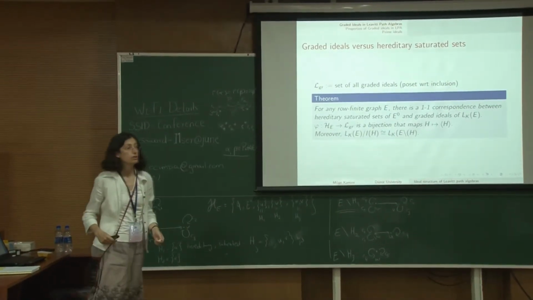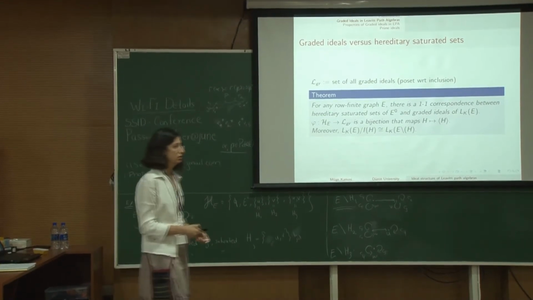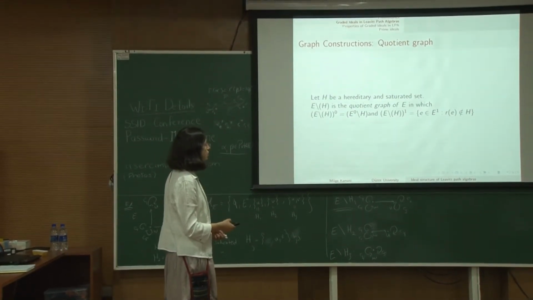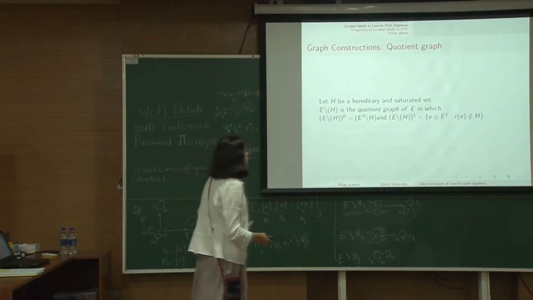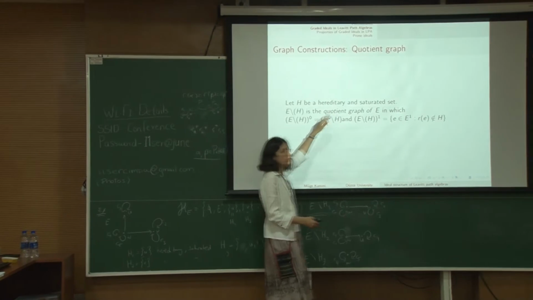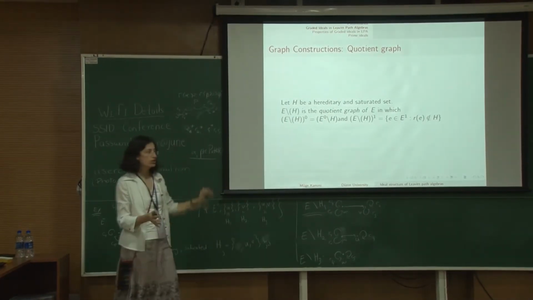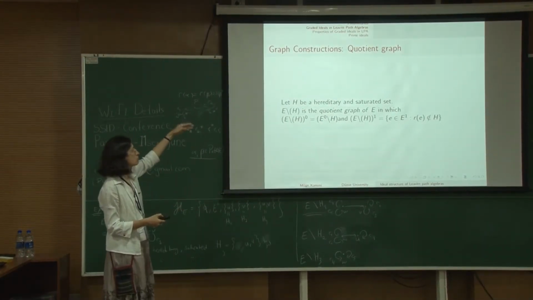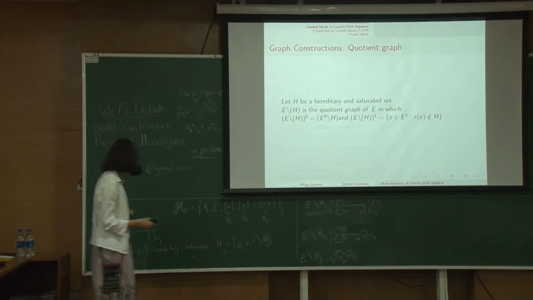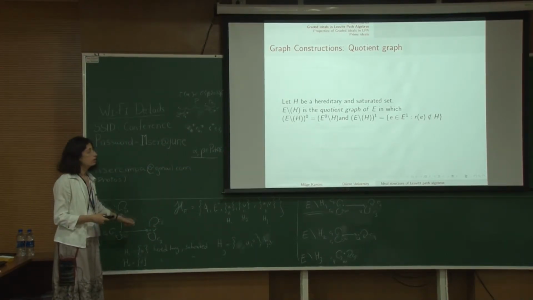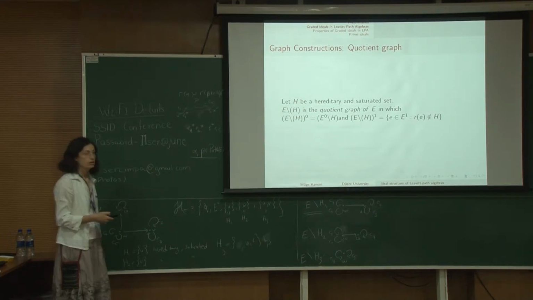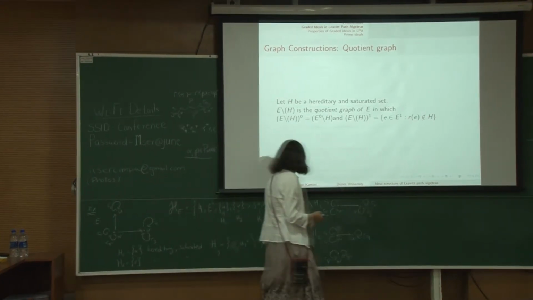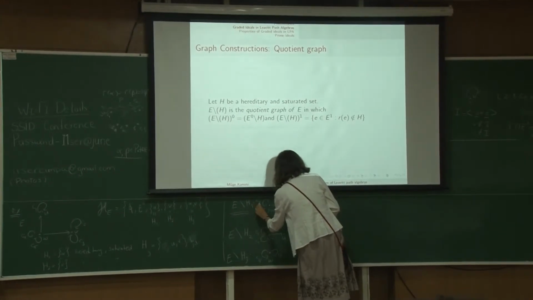Maybe you go. I didn't understand what the vertex space was. What is the equivalence relation quotient thing? It's just the name. It's called the quotient graph. There is no equivalence relation. We are just constructing another graph from a given graph. And then what is that E backslash H0? Is it a set? It's just the definition of the vertices of E backslash H. So she's defined the quotient graph to be this thing and defined the vertices in it.